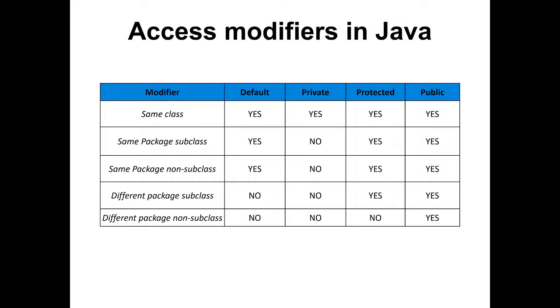Another very important topic here is the topic about the modifiers. As I already mentioned, there are three of them used as keywords: private, protected, public, and the default one, which is actually an empty keyword, like nothing.